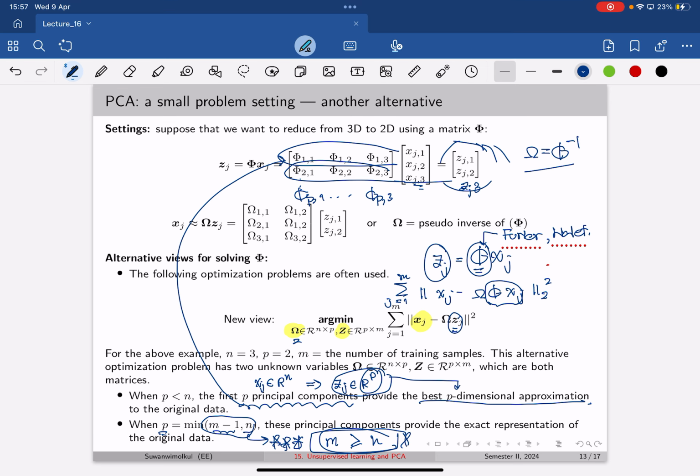I think the assumption behind this statement is that m is much larger than n, because if n is larger than m, then you will not be able to get the unique representation from the beginning, because you have fewer observations than unknowns.